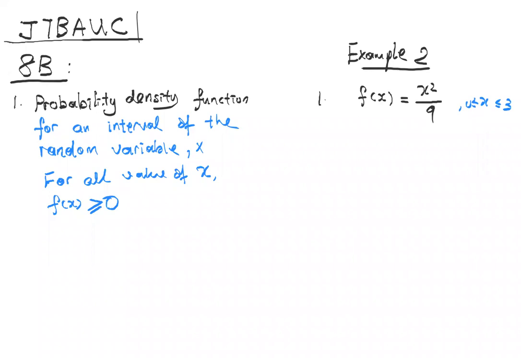Second criteria. What is the second criteria? So I have this graph, and the whole graph is above the x-axis. All right? You're talking about probability. What is the second criteria?